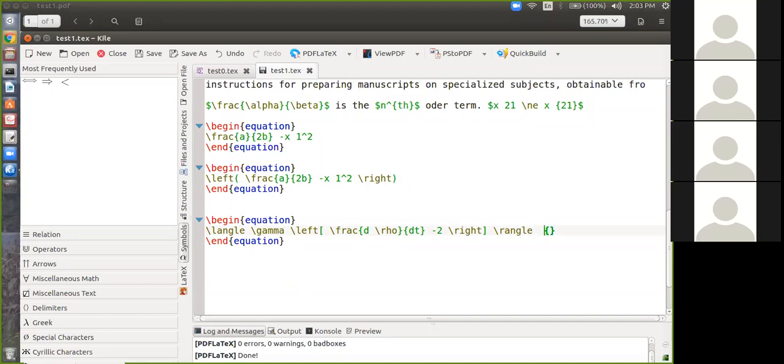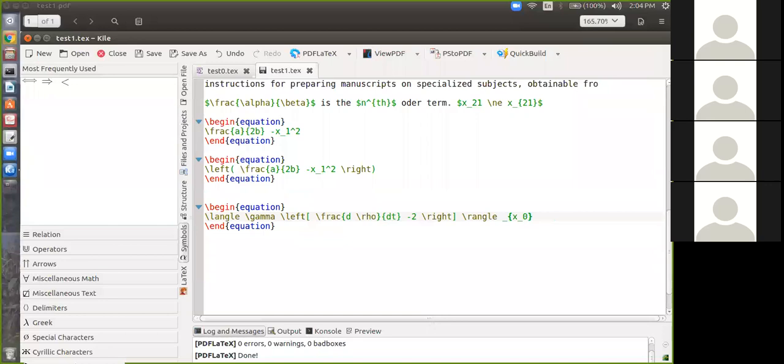Then x subscript 0. Oh, it is showing actually, for zooming in. Comma y subscript 0. So x0 and y0, these are two initial positions, and you are doing average over initial position of this particular quantity.